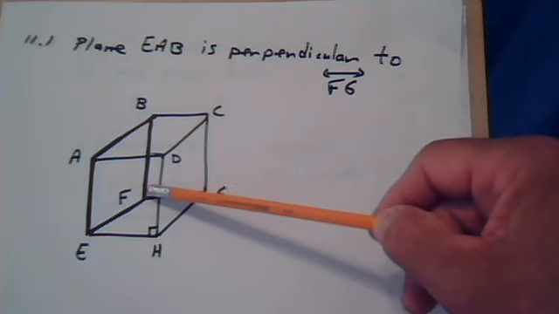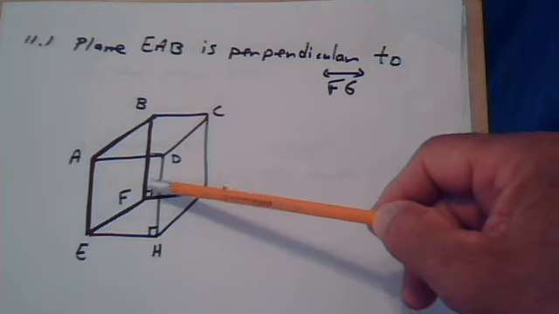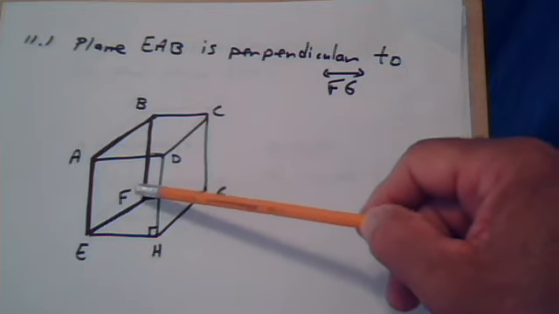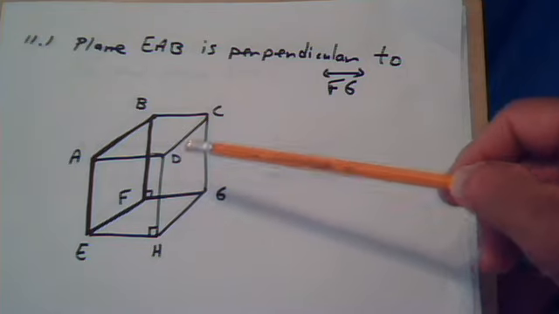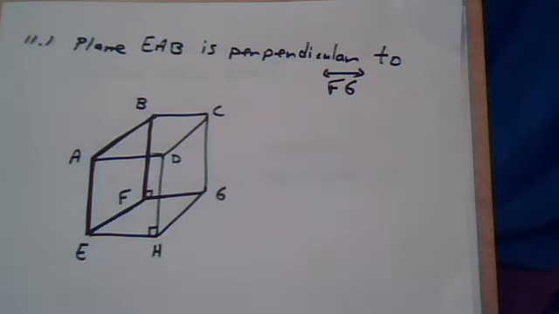Because there's a 90-degree angle. When the intersection creates a 90-degree angle, we say there's a perpendicular relationship. So 90 degrees and perpendicular go together. If you have a 90-degree angle, there's a perpendicular relationship. And if you have a perpendicular relationship, there's a 90-degree angle.